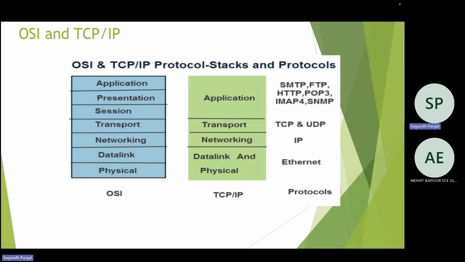Then we'll discuss flow control and error control in the data link layer, which is very similar to the transport layer. However, we can discuss it again if anybody has any queries related to that.